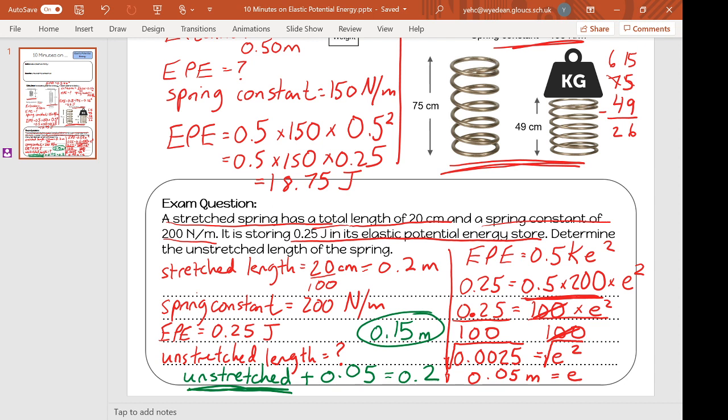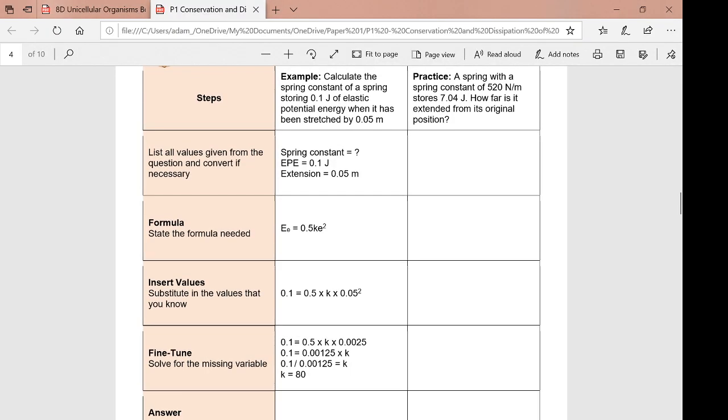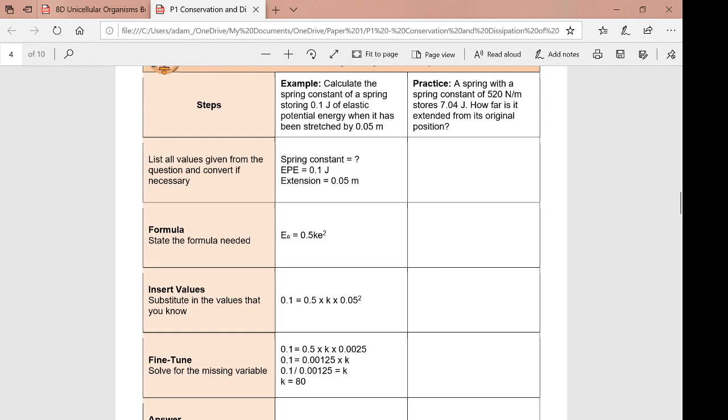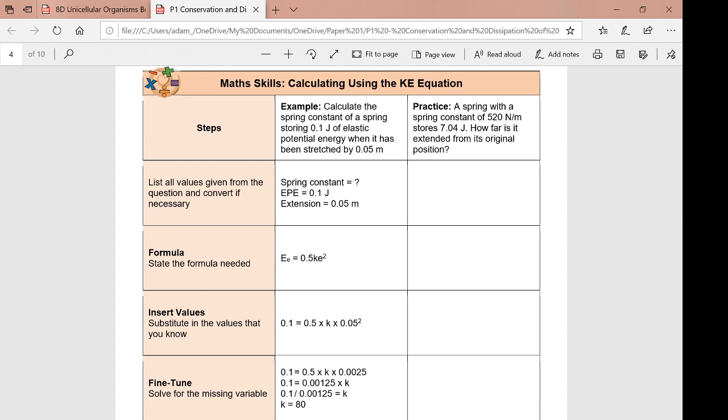Okay, we'll do another example. Well, I'll let you guys do this one and then see where we're at.